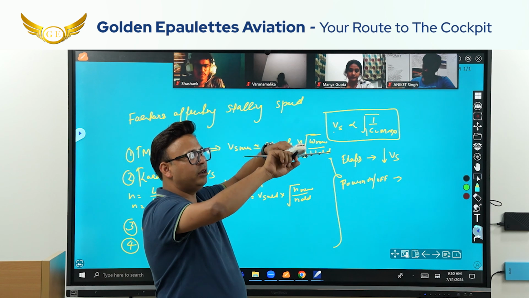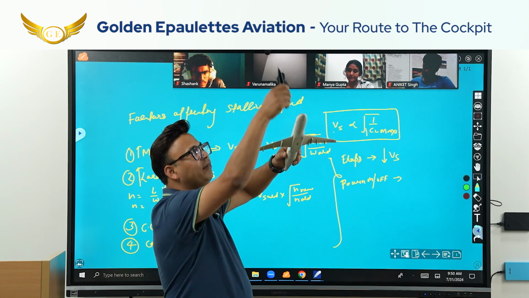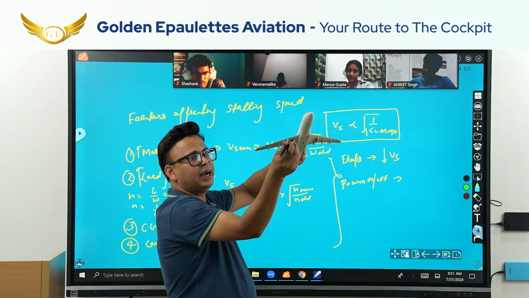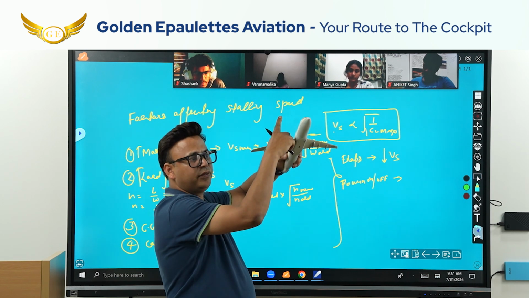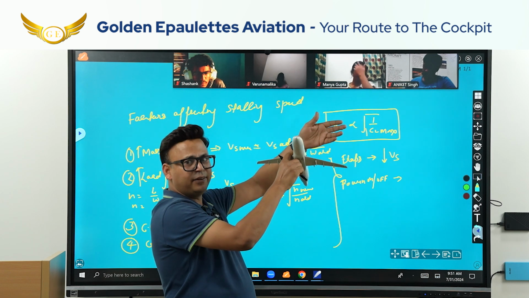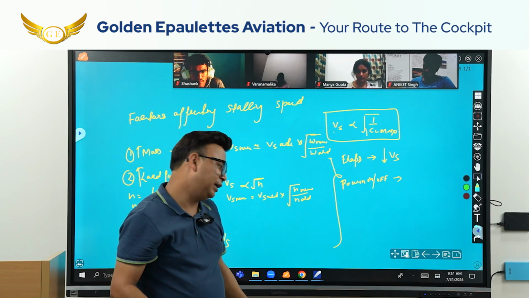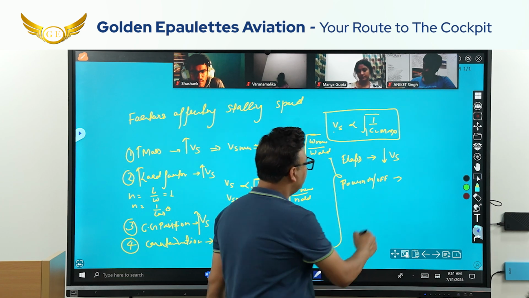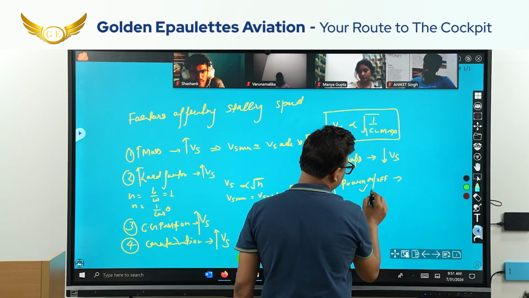Now when you have high angle of attack, that thrust vector, one will act upward, other will act forward. It will dissolve into two components. So this vertical component of thrust is acting with the lift. So lift ज़्यादा कर दी इसने, so stalling speed would be less. Lift required कम हो जाएगी. So power on stalling speed is less.